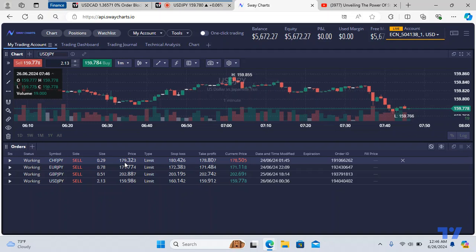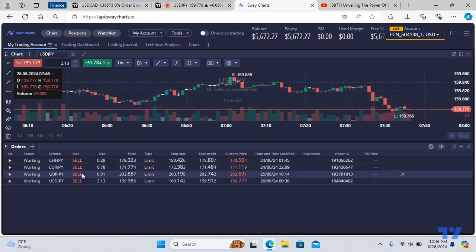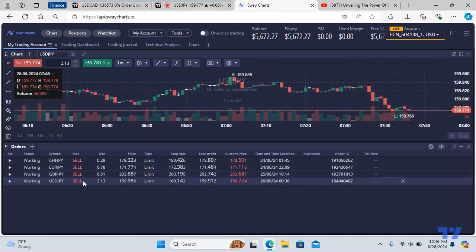So right now at risk in total, on this pair we're risking $200, this pair we're risking 300, this pair we're risking 100, and this pair we're risking 200. So about $800 at risk, right?